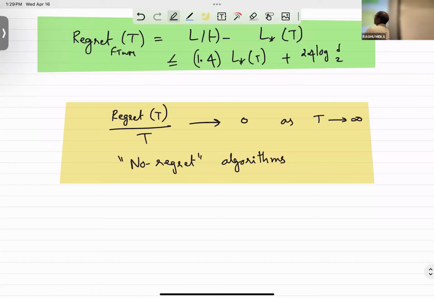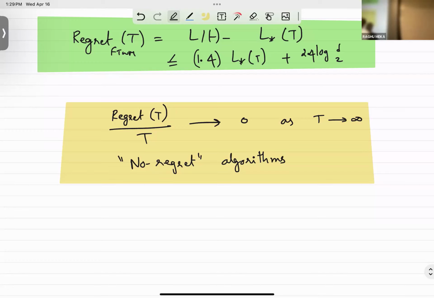So imagine even the best expert is wrong 10% of the time. It's not unreasonable. Even if the best expert is also wrong 10% of the time, that means L star is like 0.1 times t, right? So in that case, my regret is not going to zero. It's always fixed.